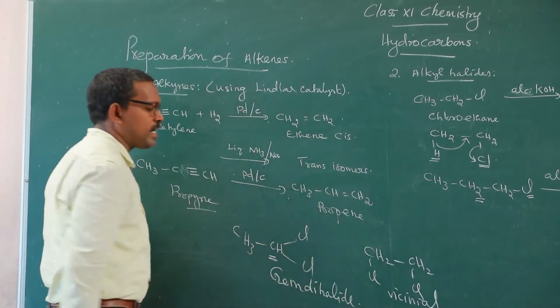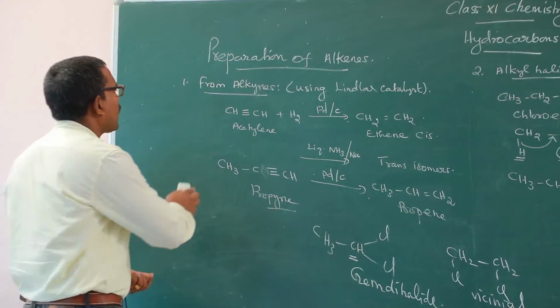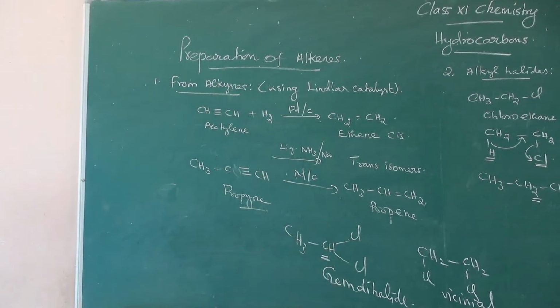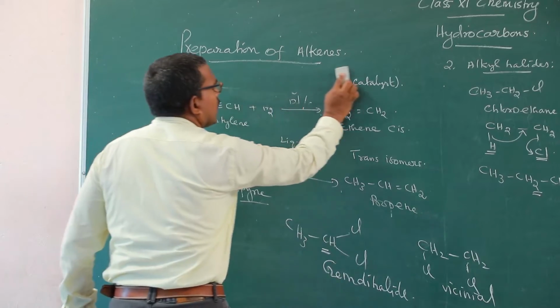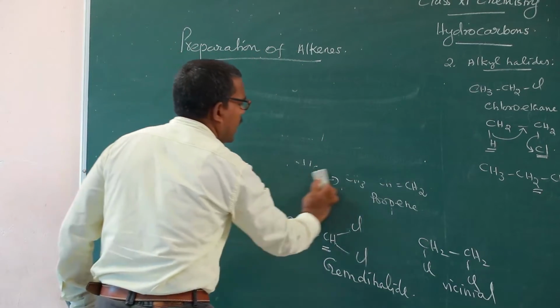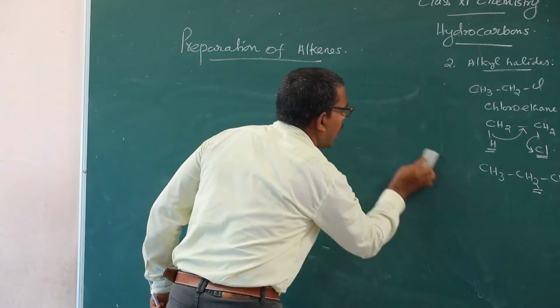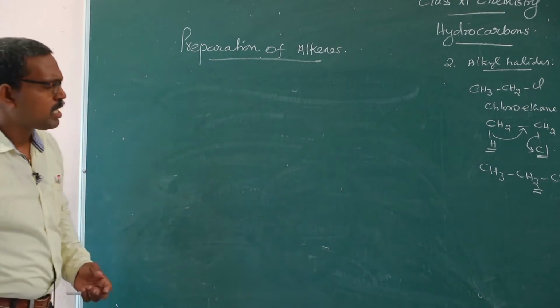From the vicinal dihalide, how are alkenes prepared? Alkenes are prepared from vicinal dihalides. The process is called dehalogenation. Dehalogenation is a process which is used to prepare alkenes from vicinal dihalides.